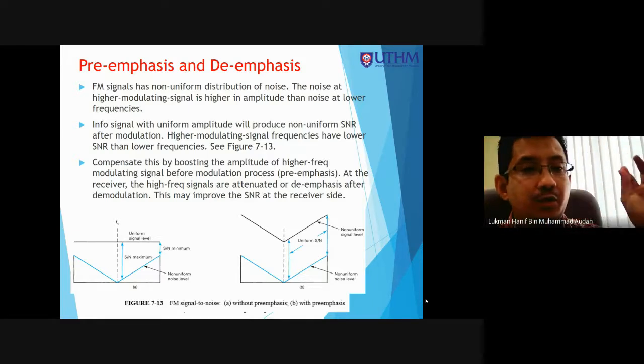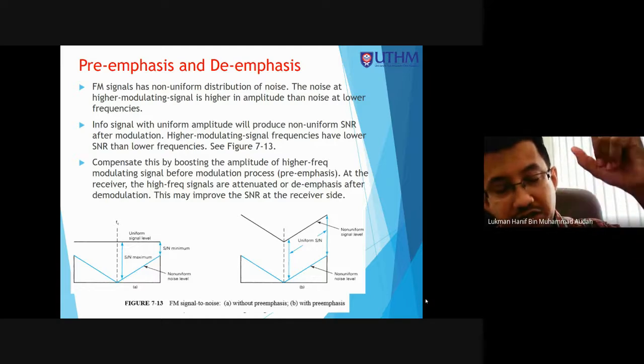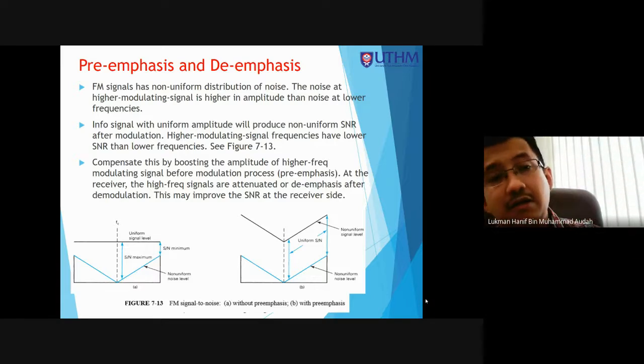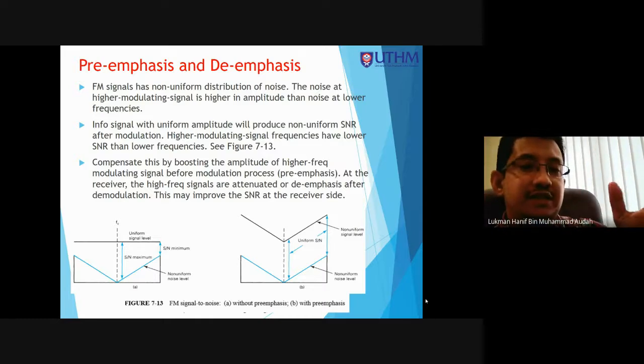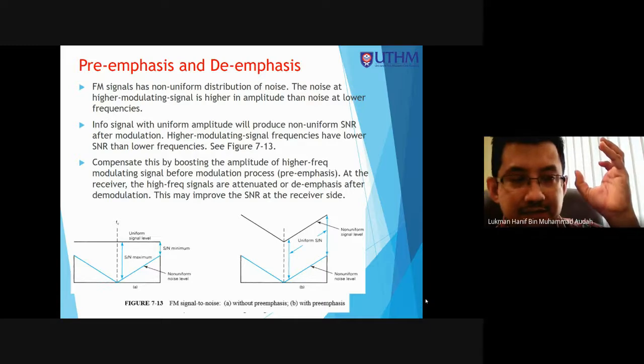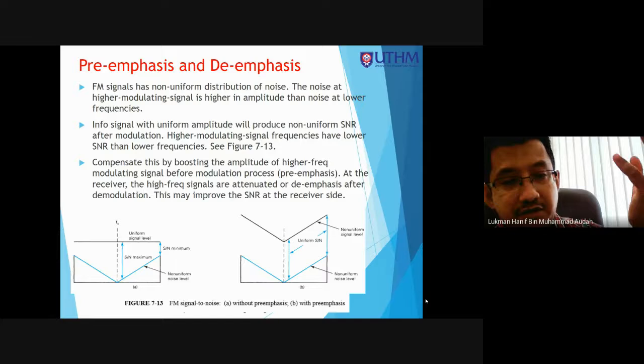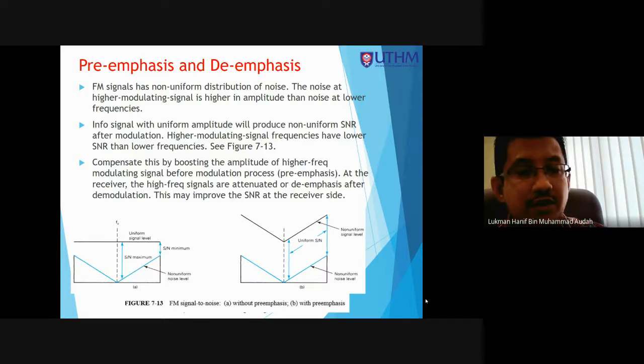Because we changed the amplitudes at the beginning, we also need to undo it, to change it back to normal at the receiver side. So this pre-emphasis and de-emphasis has a reason why we need to do this. One of it is that we want to increase the SNR level. That's one of the objectives.